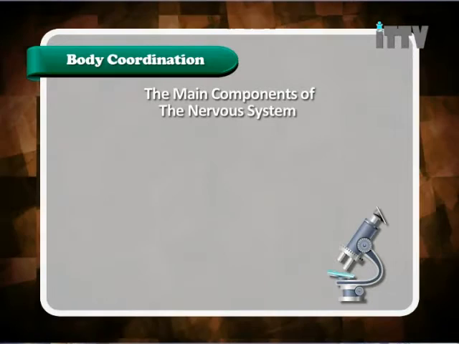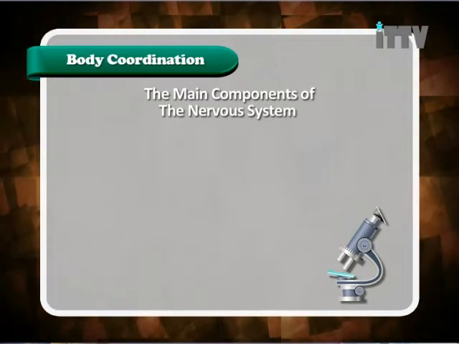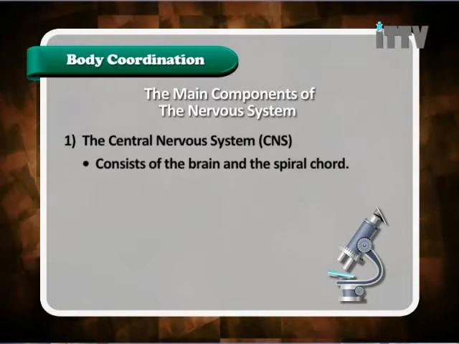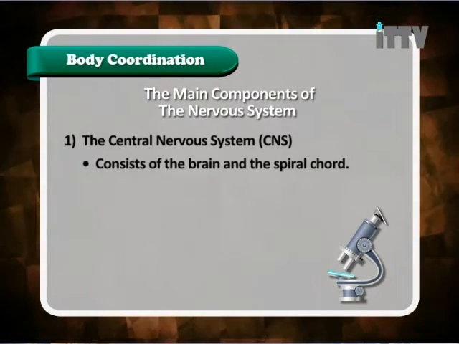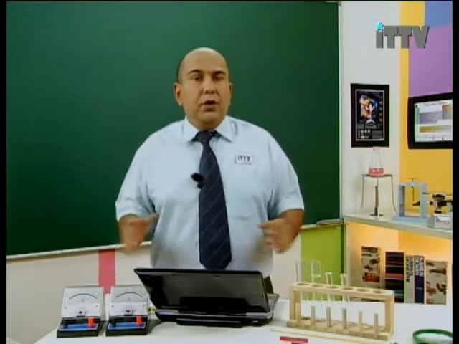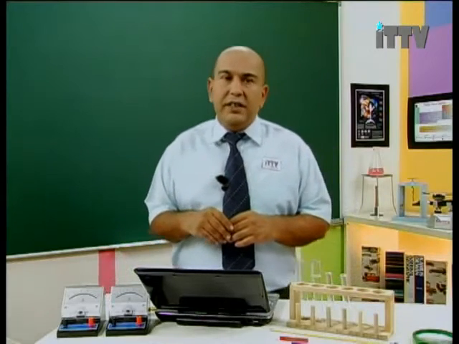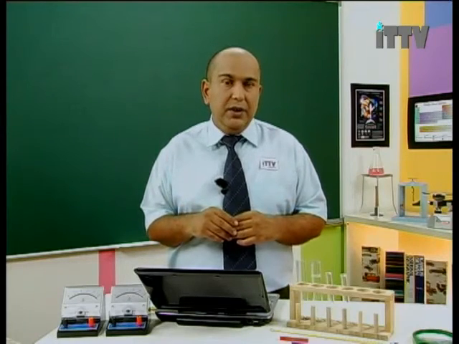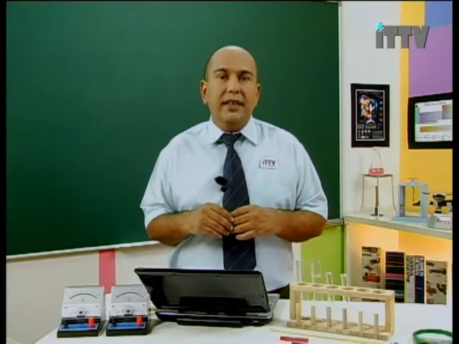The main components of the nervous system. 1. The central nervous system, CNS, consists of the brain and the spinal cord. So, the first part of the nervous system we need to look at is called the central nervous system, which is the brain and the spinal cord.